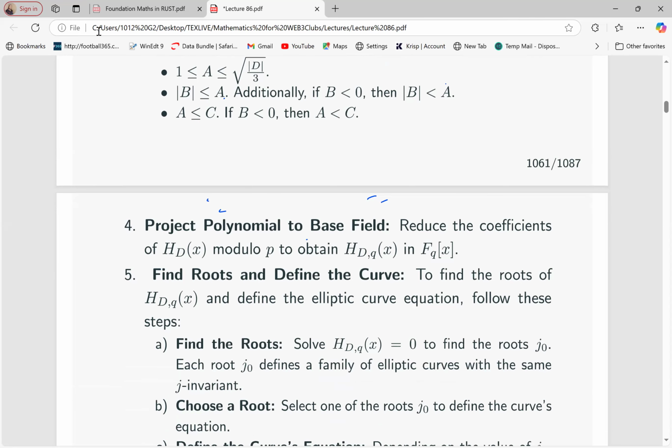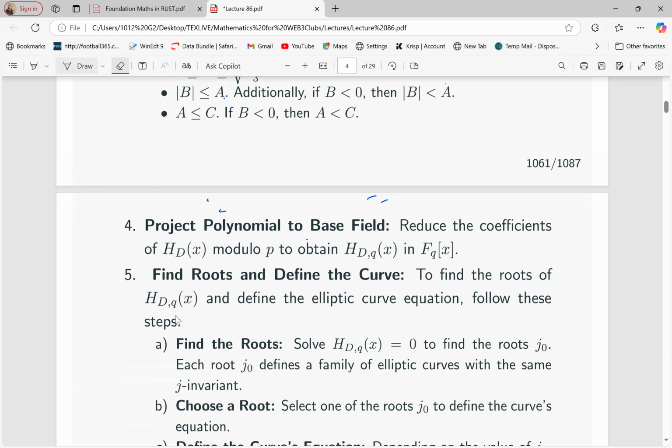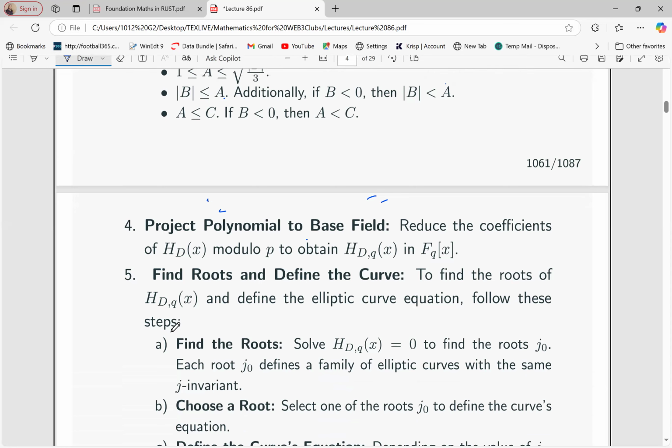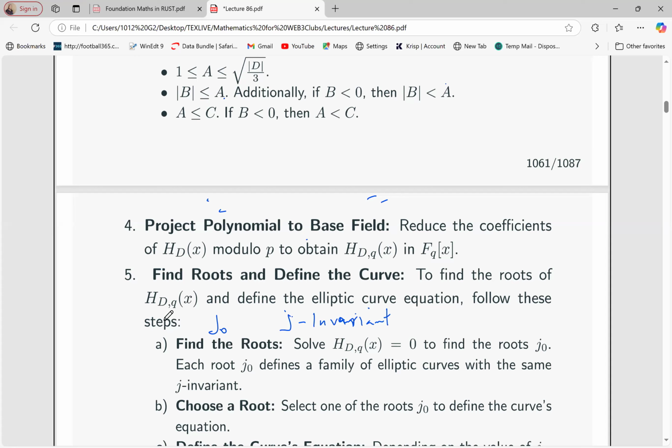Now, after projecting the polynomial to the base field, what we want is, using our Rust code, to find our J invariant. This J invariant, let's call it J naught, is the root.